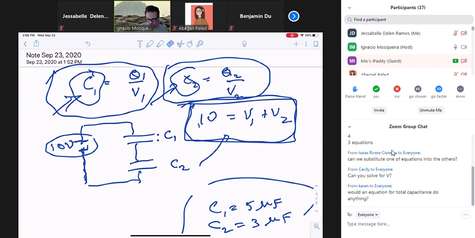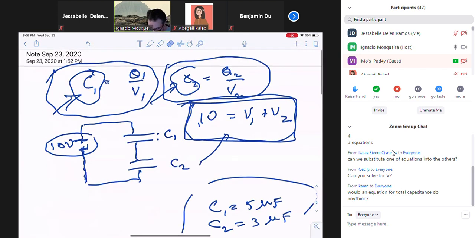Let me tell you something that's very important for capacitors in series. You will see later in the PowerPoint that they're doing the same thing. I'm not making this up. If I put Q1 here, what do I mean by that?